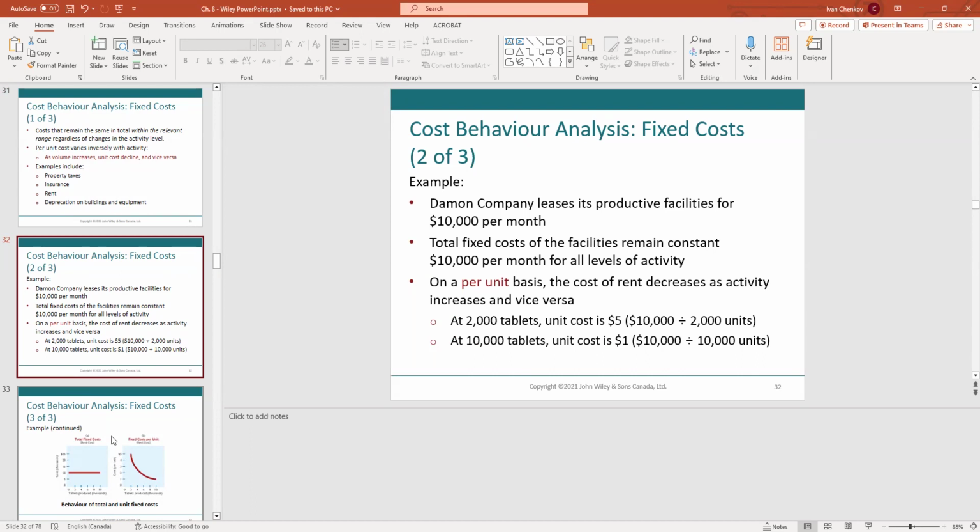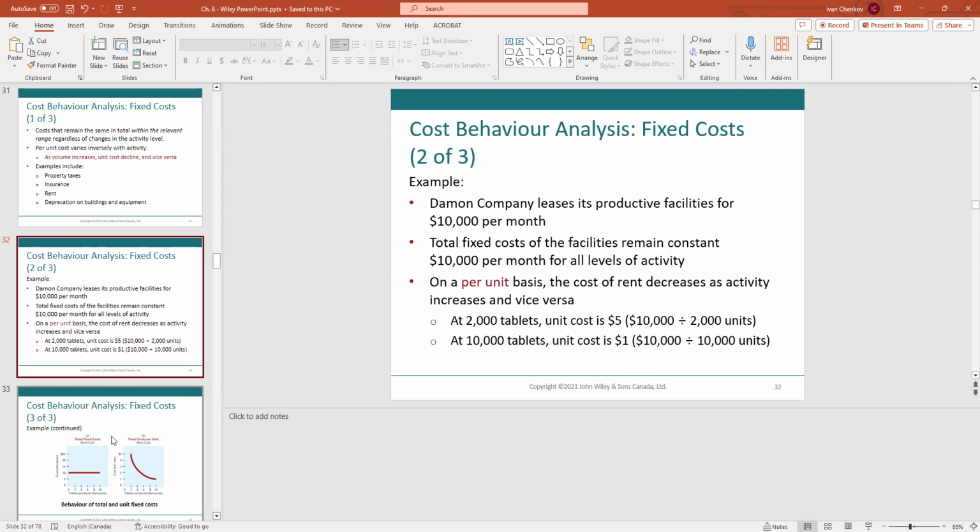So if we produce only 1 table in the facility that costs us $10,000 per month rent, the cost for that table related to the rent is $10,000. If we're producing 2,000 tables, the cost for the rent is going to be split through 2,000 tables, so it's going to cost us $5 per table. If I produce 10,000 tables, then the rent cost related to the production of those tables is going to be only $1.